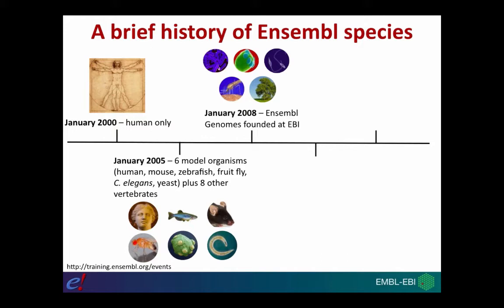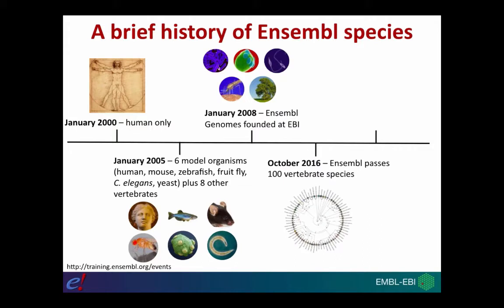Again, related to Ensembl, but a slightly different project in that the data being presented in Ensembl Genomes was for non-vertebrate species: bacteria, protists, plants, fungi, and non-vertebrate metazoans. So Ensembl and Ensembl Genomes existed at the same time together, one presenting data for the vertebrate species, that's Ensembl, and Ensembl Genomes presenting data for the non-vertebrates.